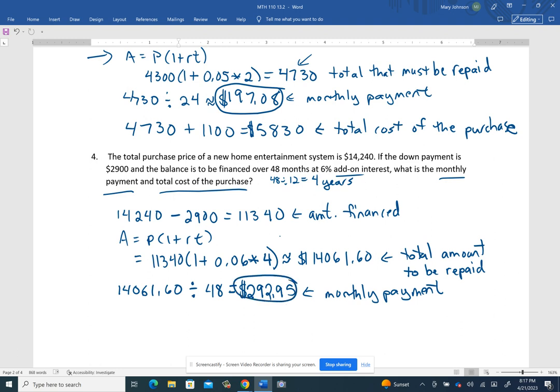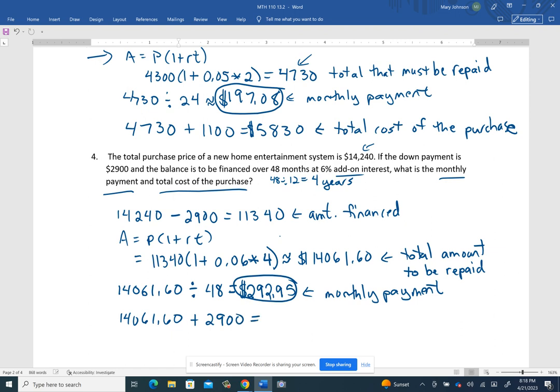But the other thing they wanted was the total cost of the purchase. So what I could do, if I knew just how much the interest was, I could add it to the $14,240. But the other thing I could do is take that total amount to be repaid and just add to that the down payment that I already made.